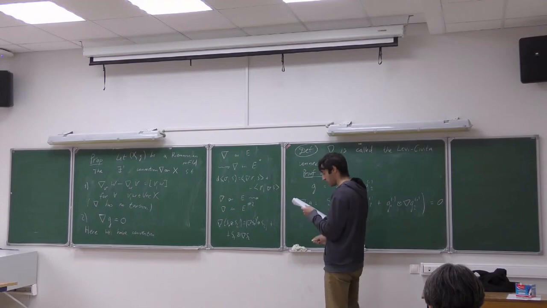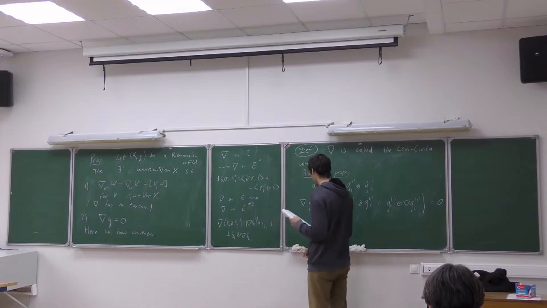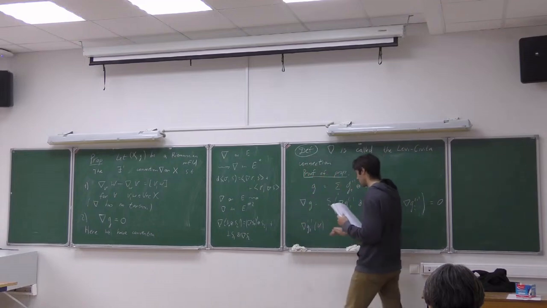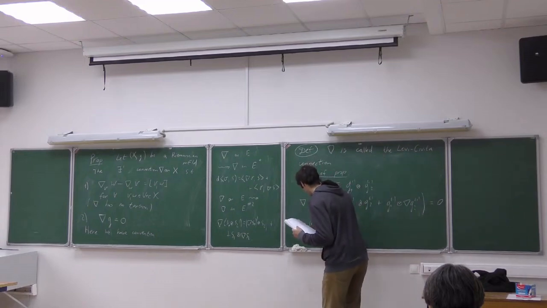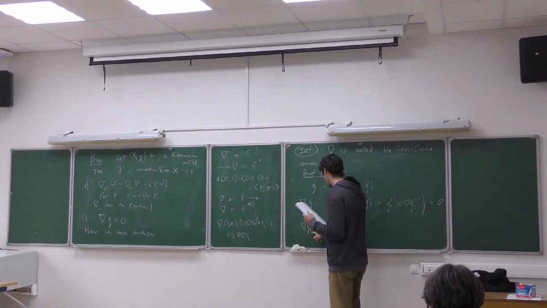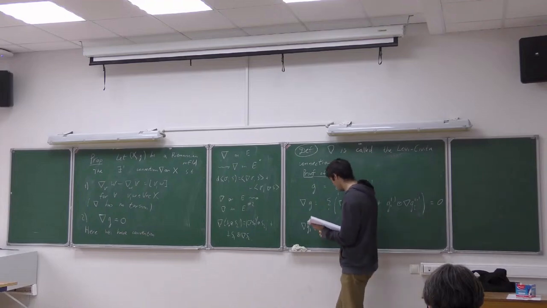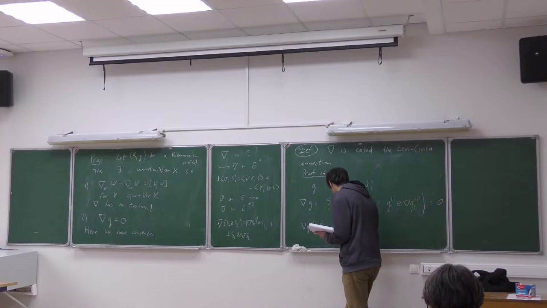And how do I use it? So I take, say, nabla G1I and apply it to some V. So this is a section. V is a vector field.